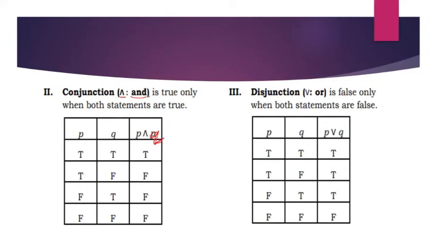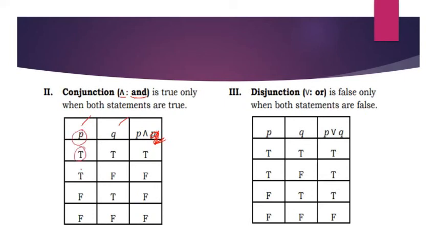Okay? So, ibig sabihin, guys, itong statement 1 at statement 2, ginamitan ng connective na N. So, dalawang statement, kinumbine using N. So, now, ito yung values ni P. Okay?